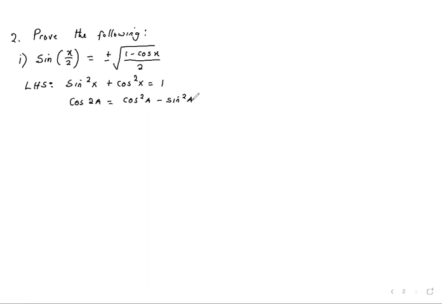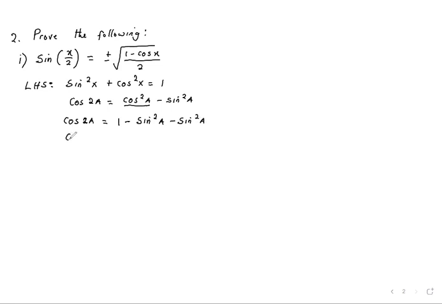Now that we are dealing with sine, we need to change this piece here to sine. So we have cos 2a is equal to 1 minus sine squared a minus sine squared a.